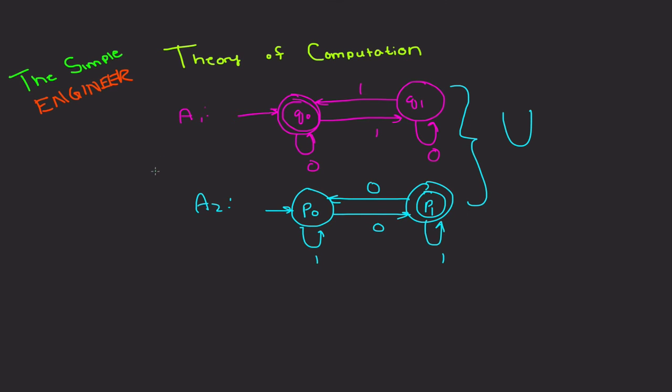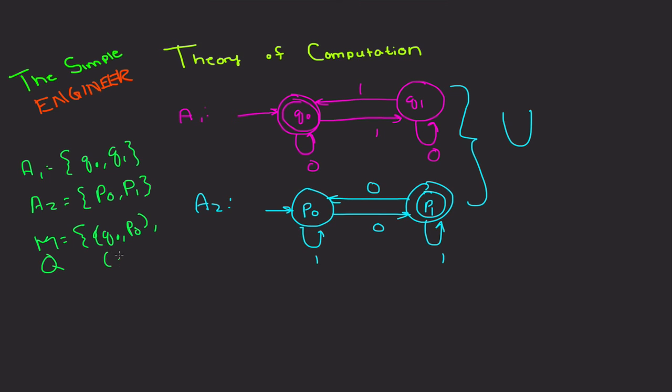to first take the cross product of all the states. So what that means is, for A1, it's the set of Q0 and Q1, and A2 is the set P0, P1. So if we were to cross product this, let's just create some DFA M. The possible states in DFA M, which would be denoted by Q, would be the pair Q0, P0.